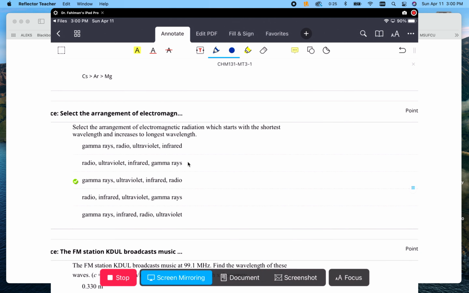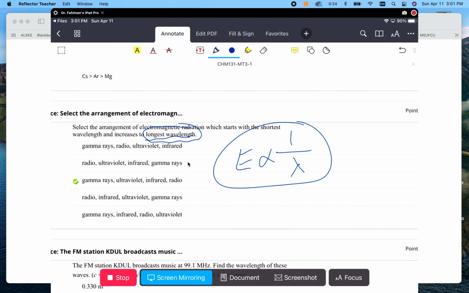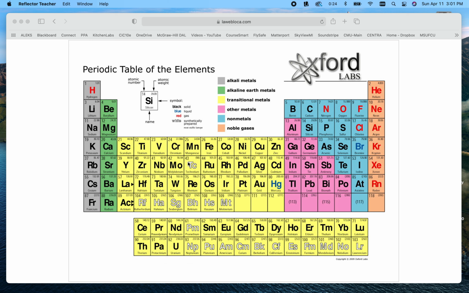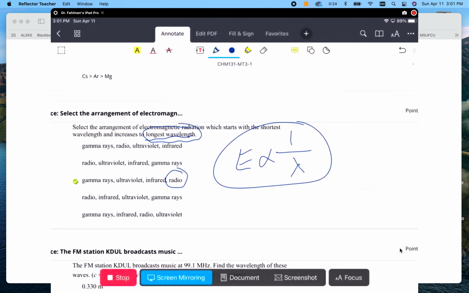So shortest to longest wavelength. Remember that energy is inversely proportional to wavelength. So if it's going to longest wavelength, that means lowest energy. And so radio, whoops, I just lost connection here. So radio waves are the lowest energy radiation, and so that's going to have the longest wavelength.